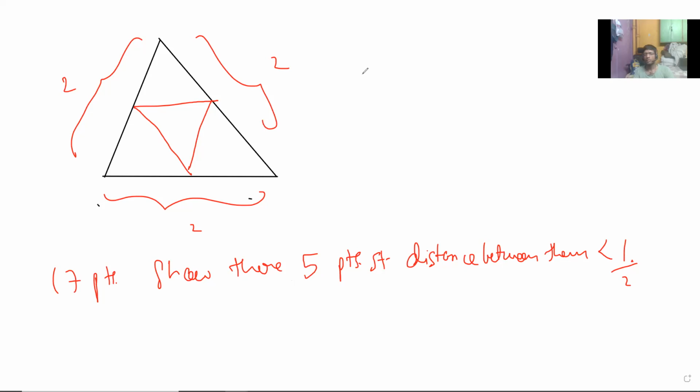So we have 4 regions, 4 boxes. You can think of it in whatever way is convenient for you. 17 points. So this implies that 5 of them have to go to one region, at least 5.